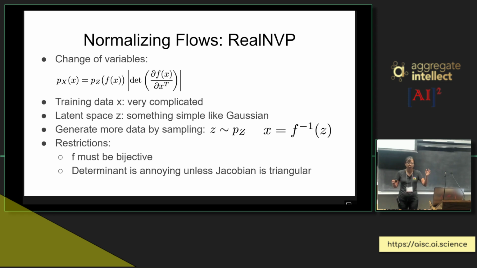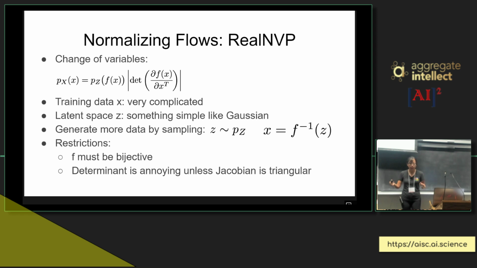So essentially, we're going to learn this function, which goes from our data to a Gaussian space at training time. And then if we want to generate more samples of our training data, we can sample from this latent space z, which is Gaussian, and then take the inverse of this function and flow backwards into something that hopefully looks like it came from our training data.